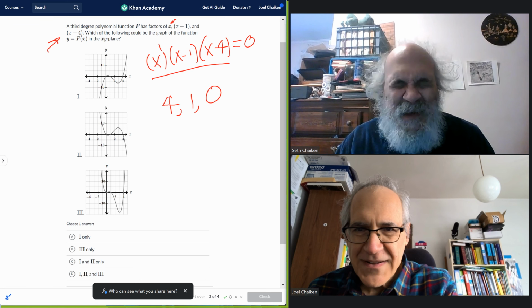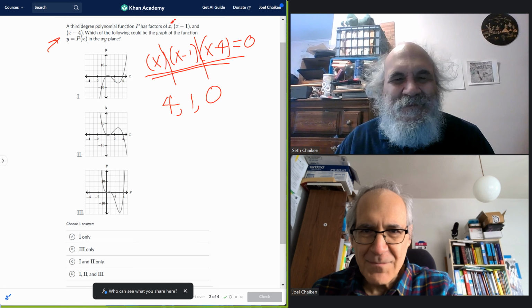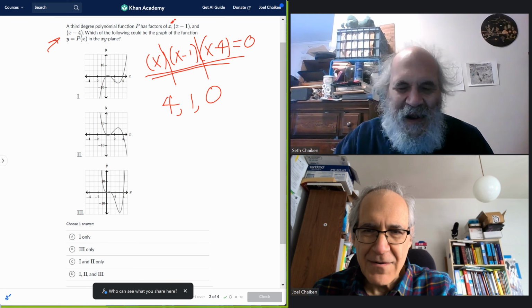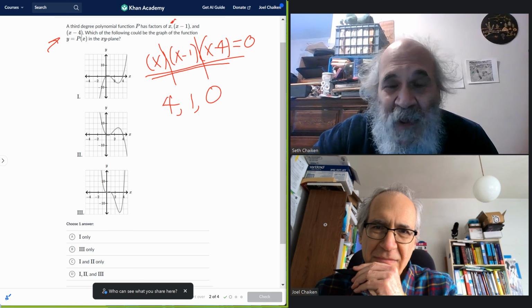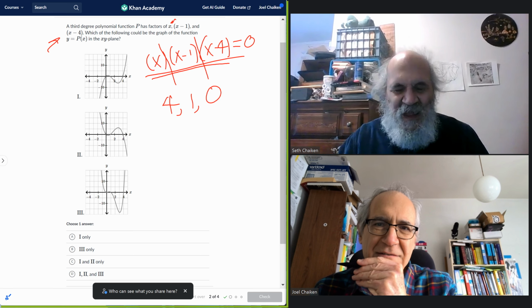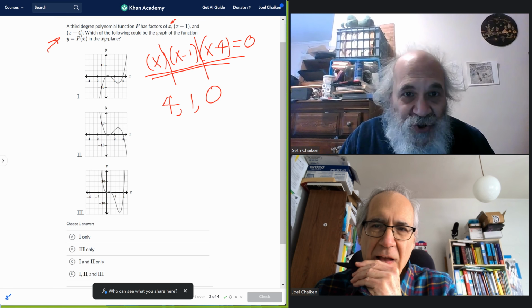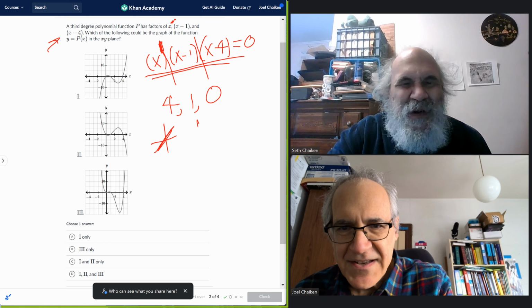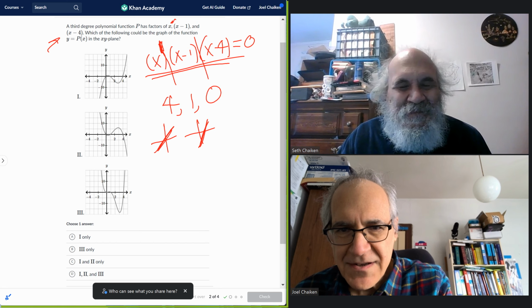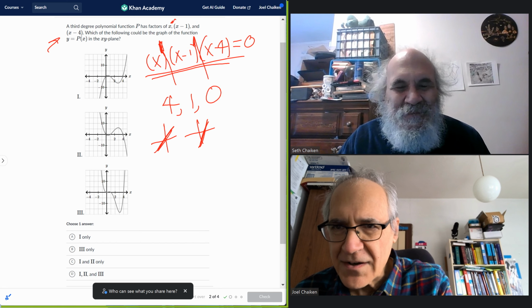So they really made it a lot easier. They actually told you the factors. Okay, so this is a simple cross because it has a multiplicity of 1. This is also a simple cross because it has a multiplicity of 1.